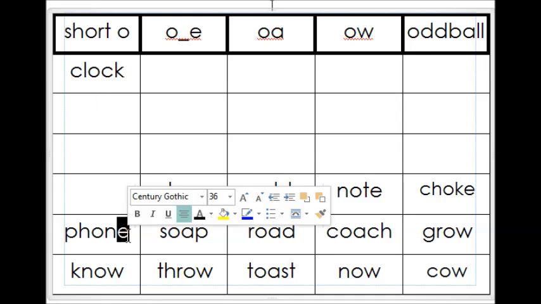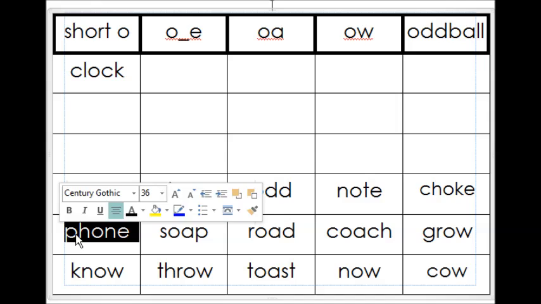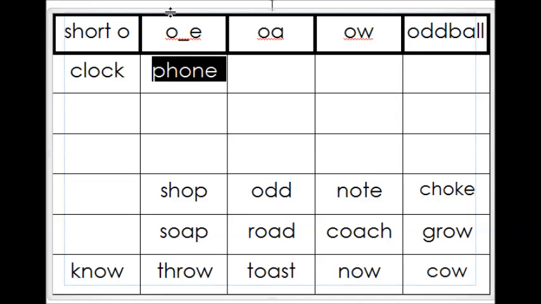So we say, okay, let's pretend that magic E disappears. It's given all its power to the letter O. So now we have the word own, phone. We don't make a sound for this silent E. It gives all its power, makes the O say its name. So long vowel, magic E.